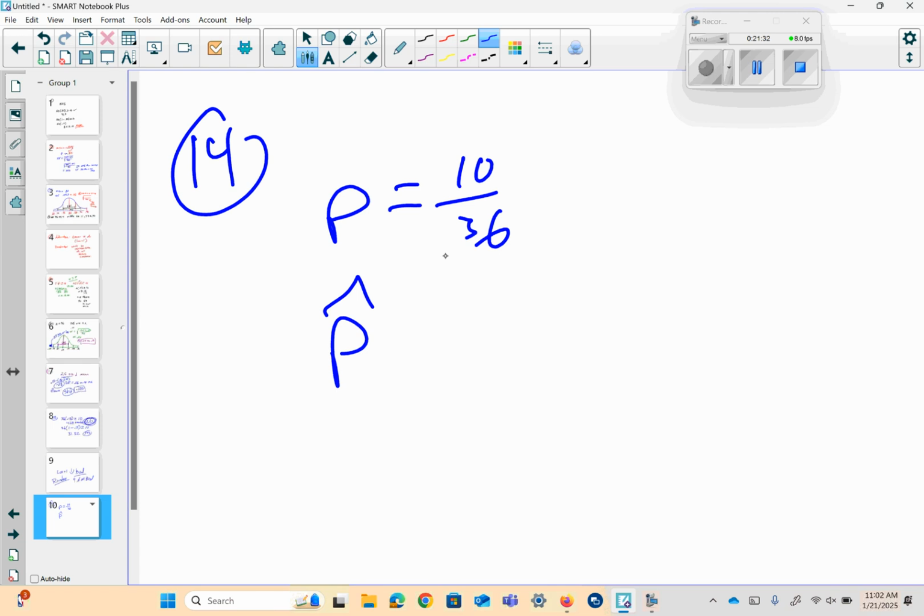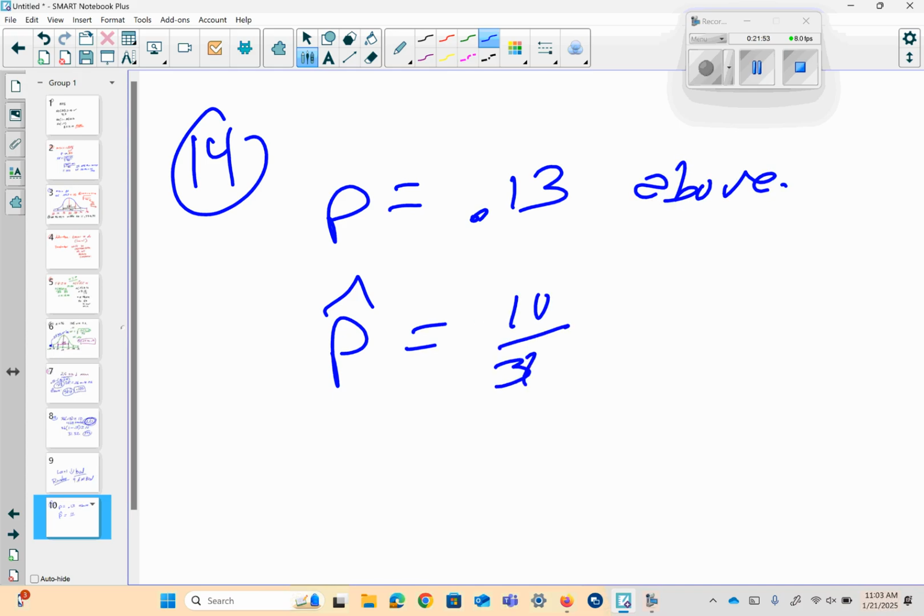I flip-flopped my P and my P hat. So P is the 0.13 from above. And then I'm going to go 10 divided by 36, which comes out to 0.277. That's our P hat. All right. So one's the sample probability, and one is our probability we're trying to aim towards.